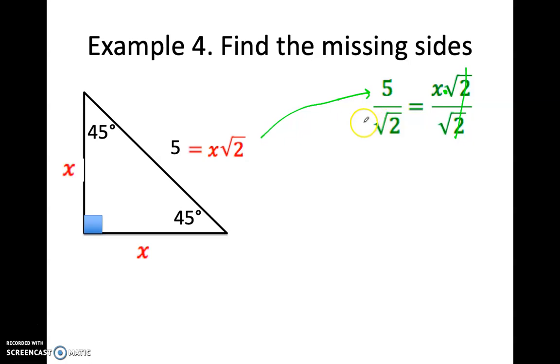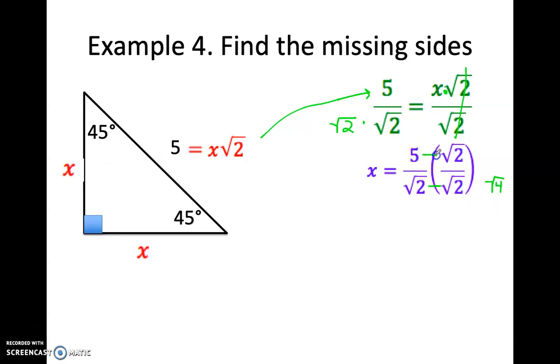So to get rid of it, we're going to multiply by the square root of 2. It's going to get that to go away. But we're going to do it twice. So here it is, multiply by square root of 2 over square root of 2. These make the square root of 4, which we already know is 2.